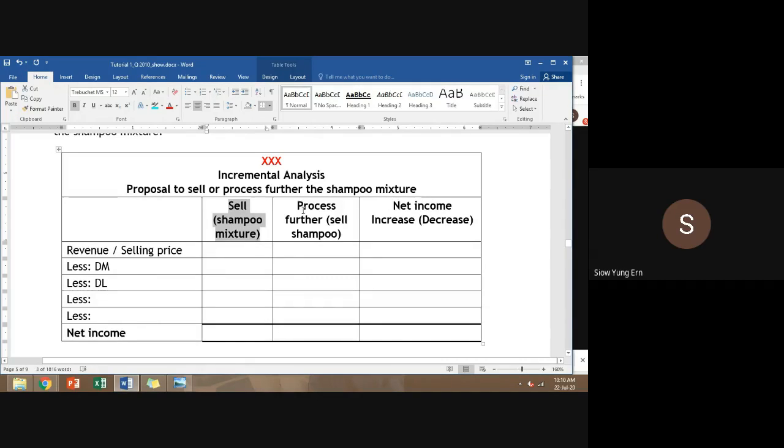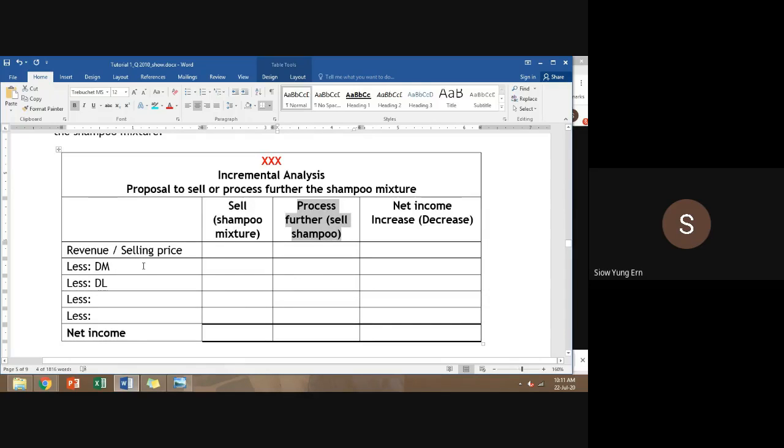But if you decide to process further, then you are going to sell shampoo. Okay, if you process further, that means you are going to process further the mixture and you are going to sell shampoo. So now we want to decide, do you want to remain as your old decision, shampoo mixture, or do you want to proceed to the new decision, which is to sell shampoo?